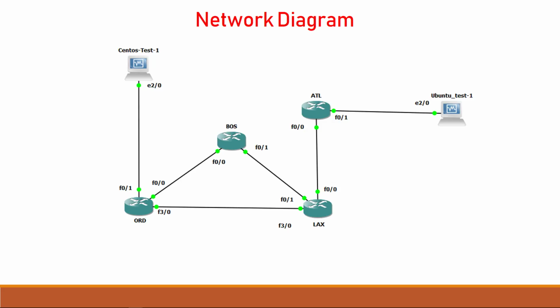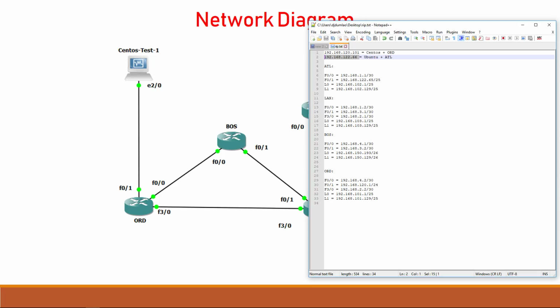It has 4 routers and 2 hosts, and the IP addresses for those are here. It specifies all the ports and the loopbacks, as well as the IP addresses for the hosts. So let us begin.